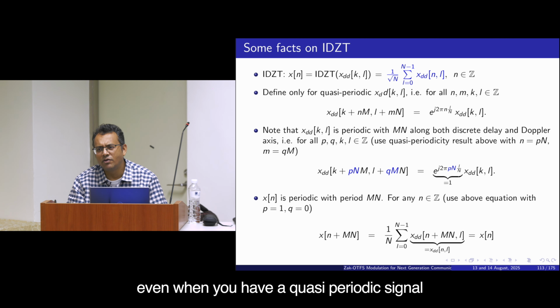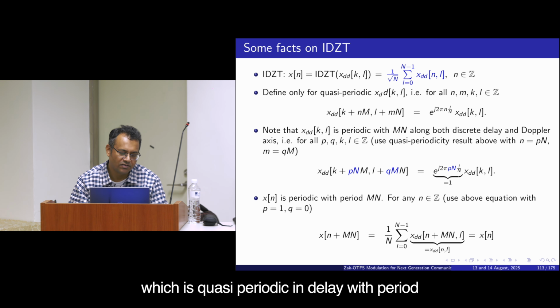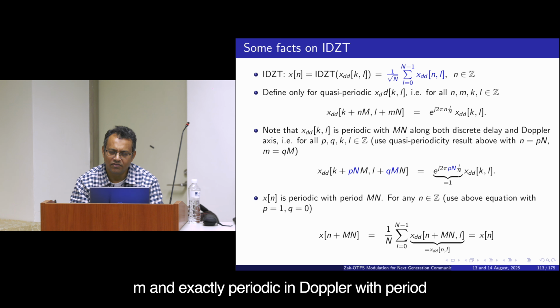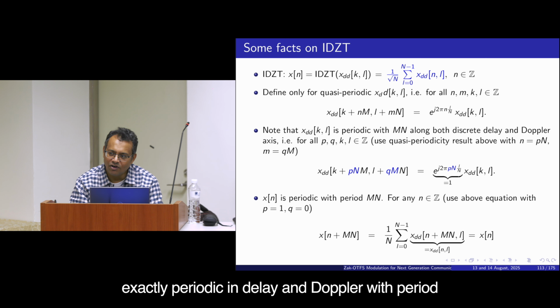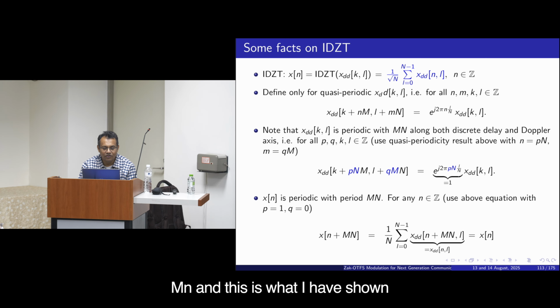even when you have a quasi-periodic signal, which is quasi-periodic in delay with period M and exactly periodic in Doppler with period capital N, such a quasi-periodic signal is exactly periodic in delay and Doppler with period MN, and this is what I have shown here.